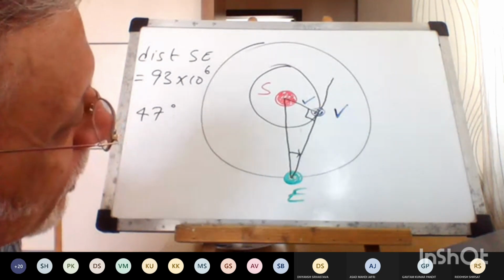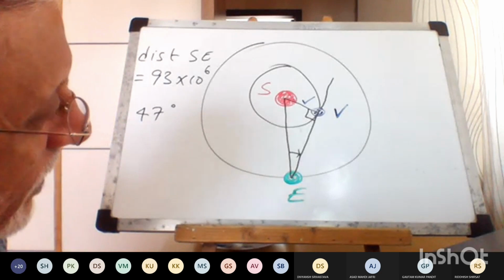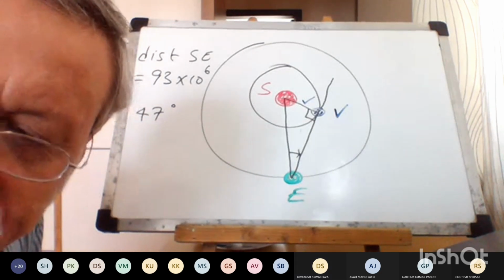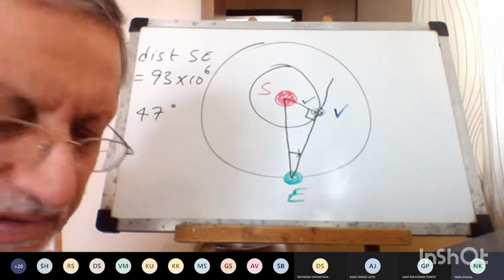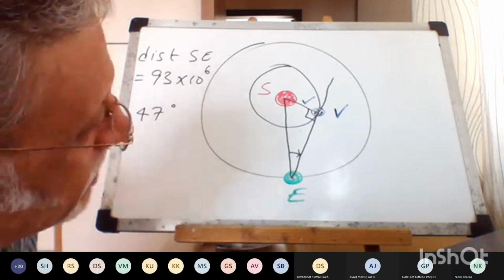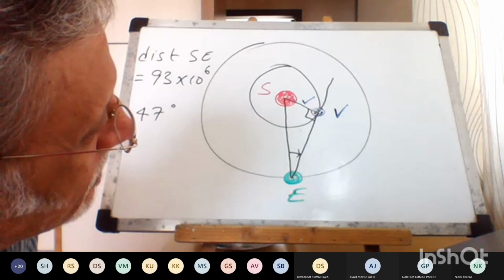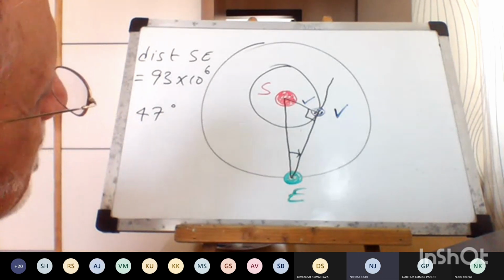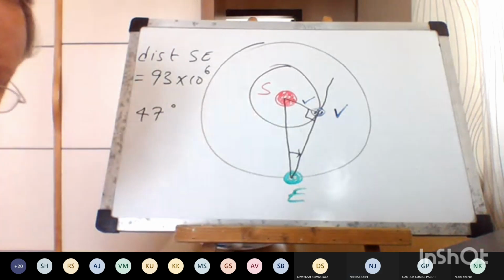Sin 47 is equal to SV upon SE. So what is the distance of Venus from the Sun? So 68 into 10 to the power 6, 68 million miles. Very good.